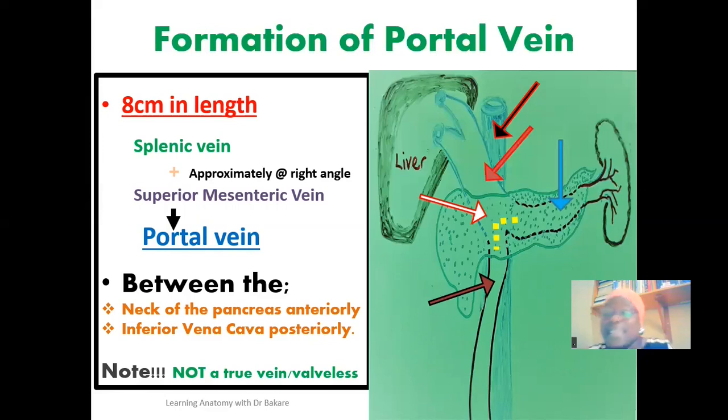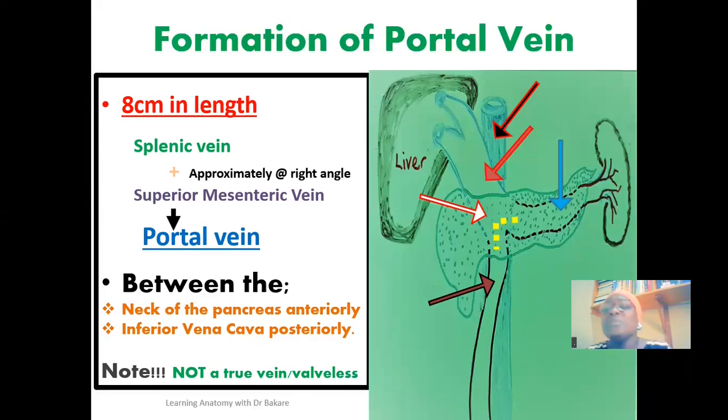We say in that lecture that arteries generally carry oxygenated blood and also blood that is rich in nutrients, while veins carry deoxygenated blood and blood that is not rich in nutrients. But in the case of the portal vein, even though it is carrying deoxygenated blood, this blood is rich in nutrients. So carrying blood that is rich in nutrients is not the normal scenario of what is presented in the other veins in the body.